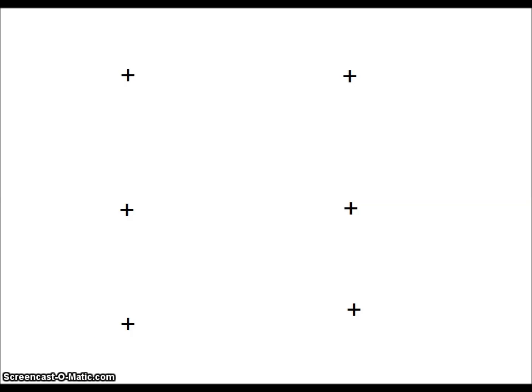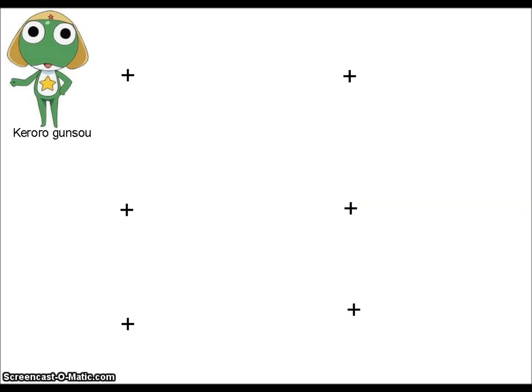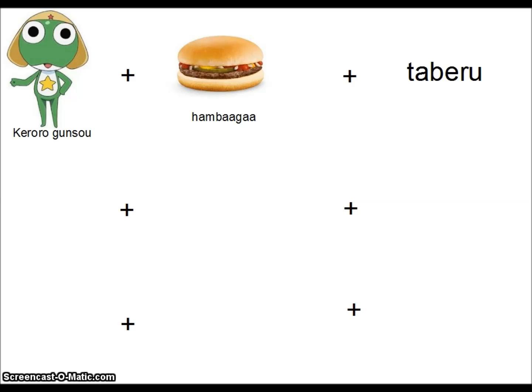Now we're going to see if, using the subject wa, something o, verb form, we can make our own sentences. So first we have Keroro Gunso, otherwise just known as Keroro, and he is going to be paired with hamburger. That's right. And so our verb is going to be taberu.